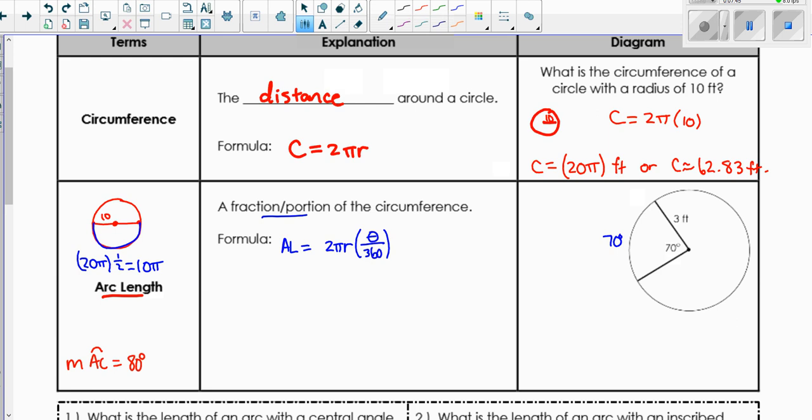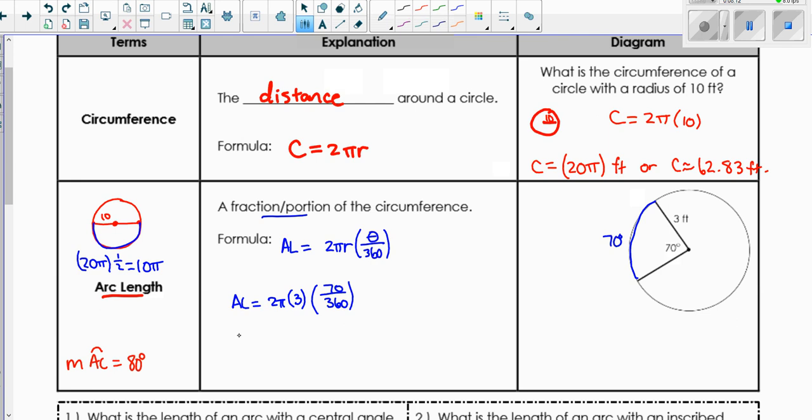So if I wanted to find the arc length of this arc, the arc length would be 2 pi times my radius of 3, and then times, I don't want 360 out of 360, I want 70 out of 360. So my fraction or portion that I want is 70 out of 360.